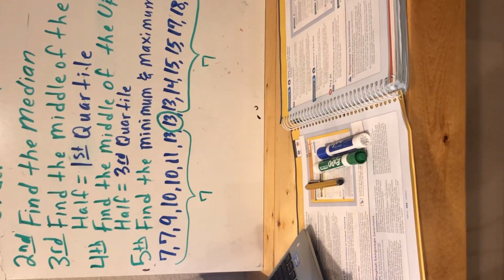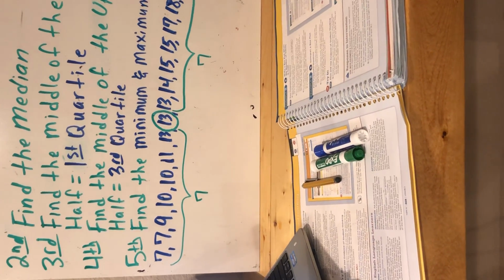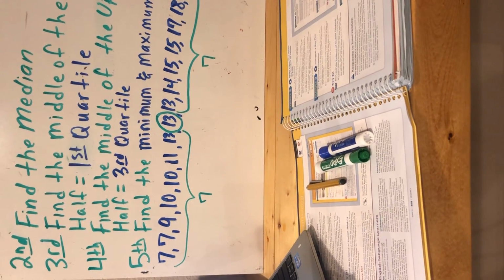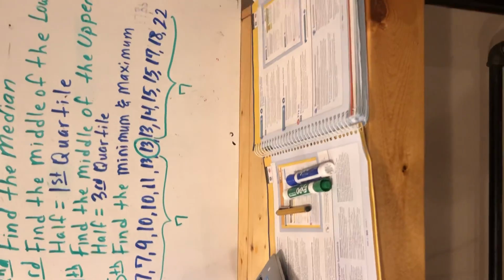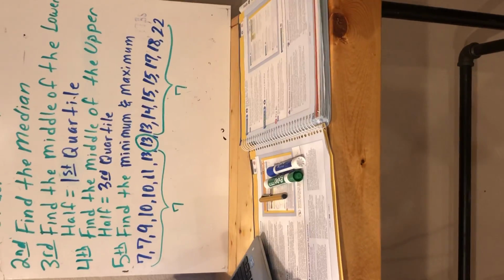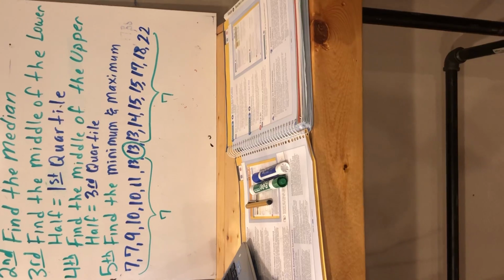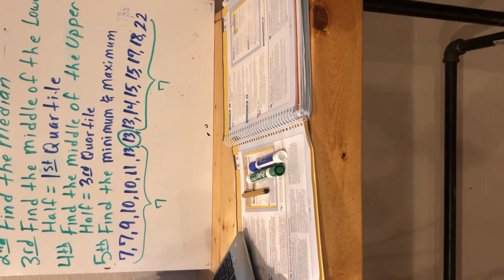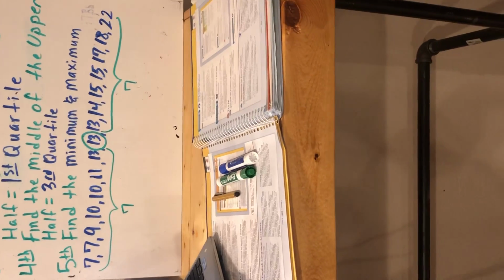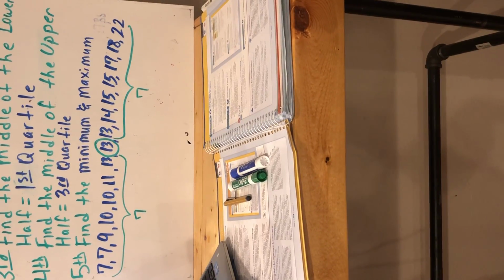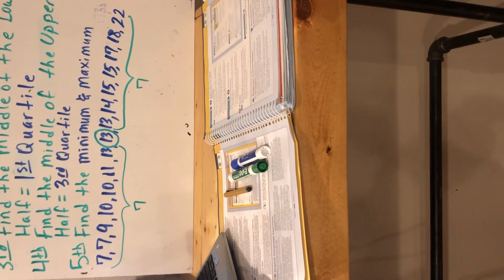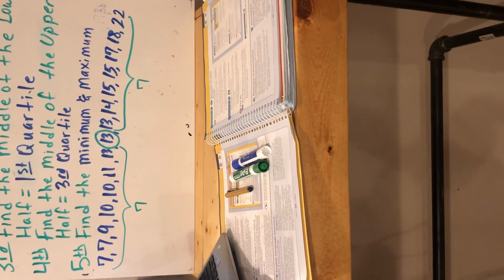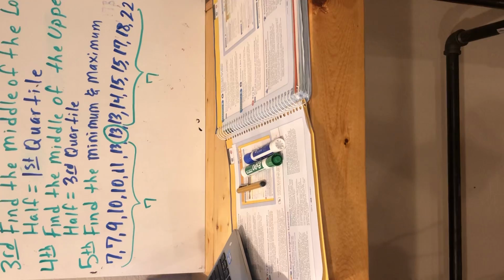Second, you're going to find the median, which is the middle number. Third, find the middle of the lower half of the group, which is called your first quartile. Fourth, find the middle of the upper half of the group, which is known as your third quartile. And then fifth, you find the minimum and maximum.